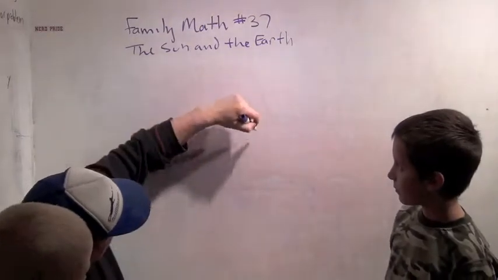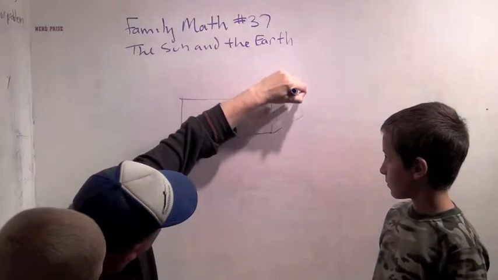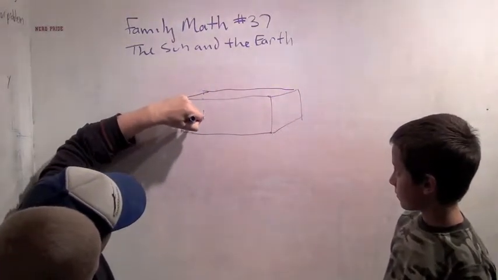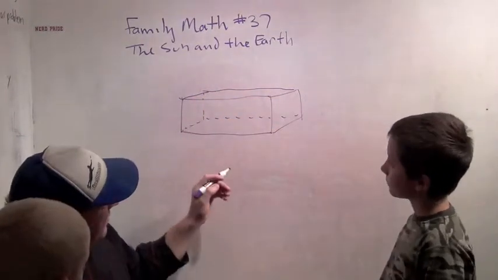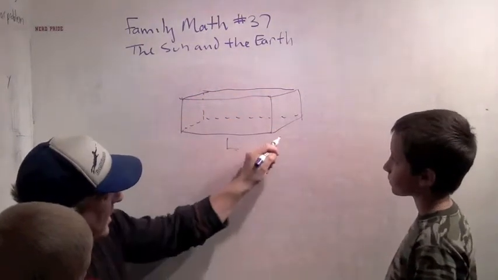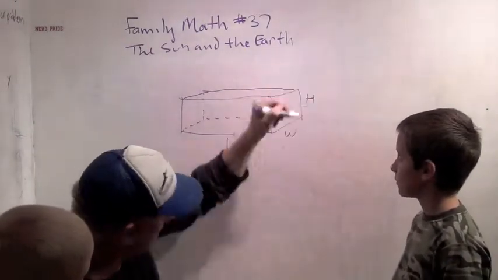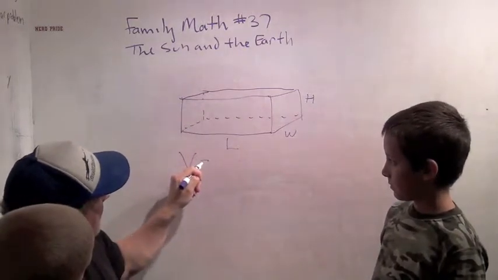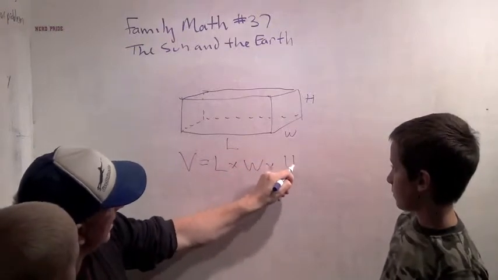So if we have a box, we have the length, that I'll call L, the width, that I'll call W, and the height, that I'll call H. And the volume, which I'll call V, is length times width times height.